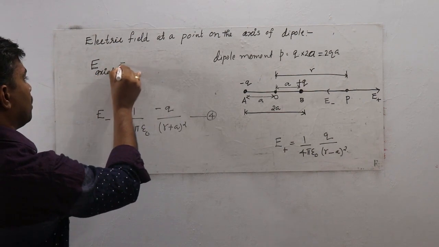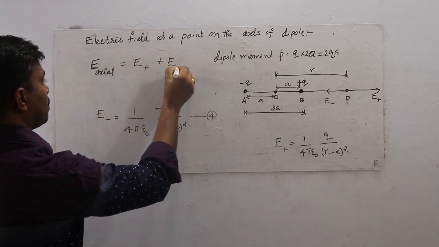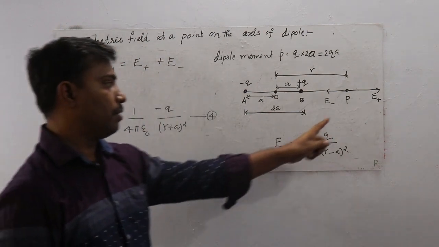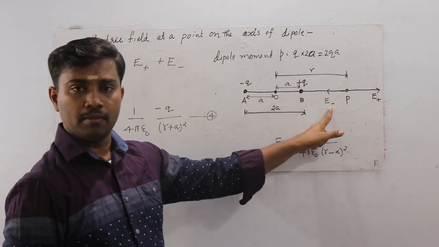E axial is equal to E plus plus E minus. The total electric field at the point P is the sum of E plus and E minus.